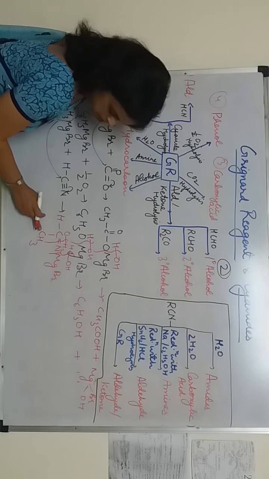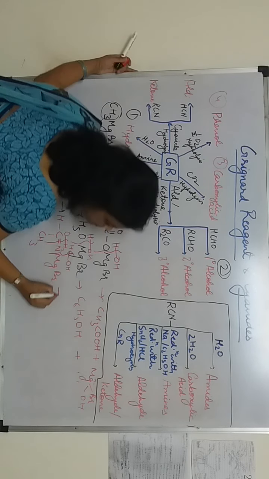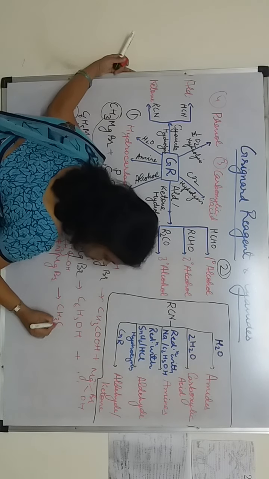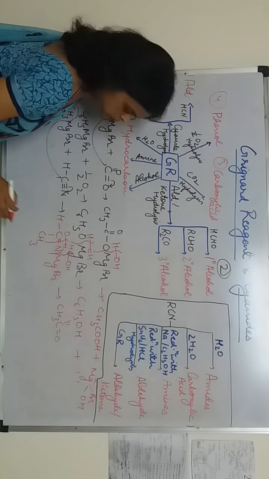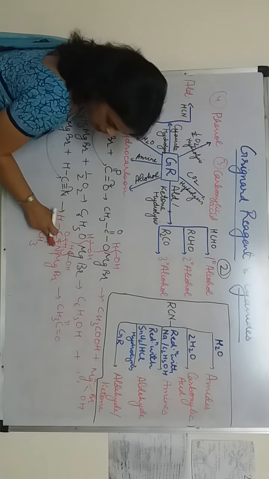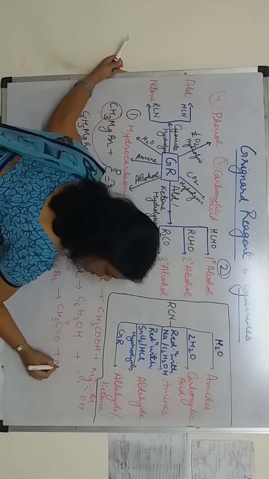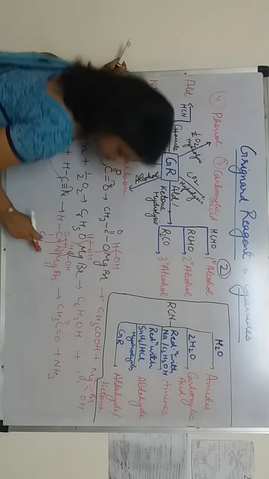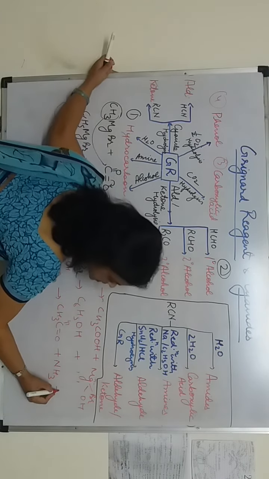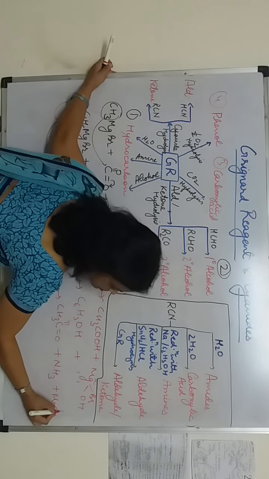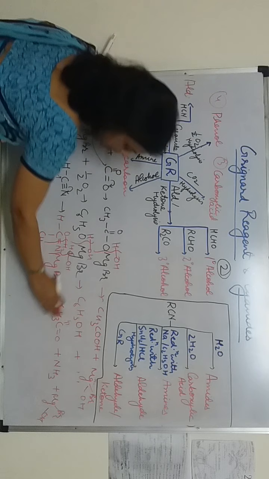So here the product is CH3CHO, that is CH3CH double bond O. Another product is N2H and 1H, so it is ammonia, NH3. The third product is MgBrOH, the regular product. In this way we are getting the aldehyde.